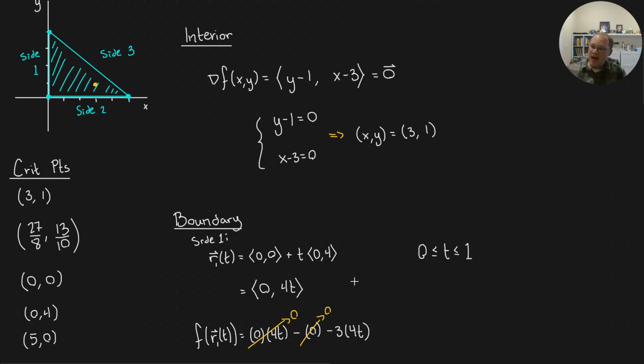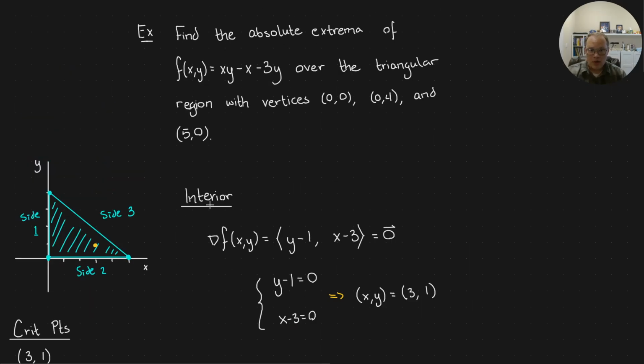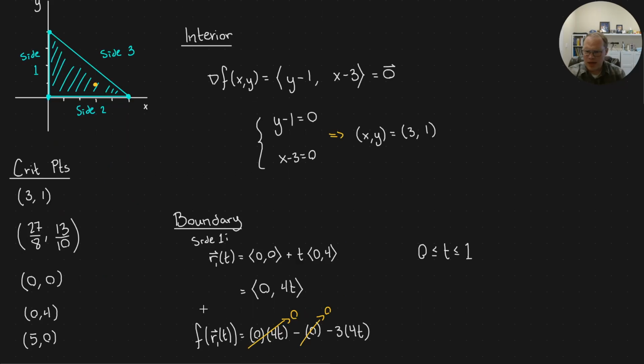So we do have an absolute maximum and an absolute minimum. We know that the absolute maximum and absolute minimum will be at one of these 5 points. So all we have to do now is plug in and see which gives us the biggest value, which gives us the smallest value. Okay, so our function is f(x, y) = xy - x - 3y.